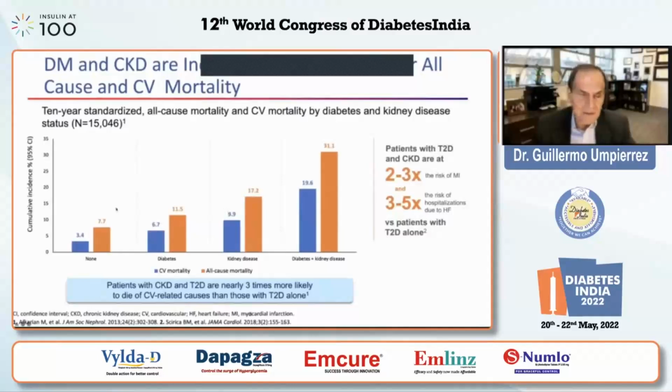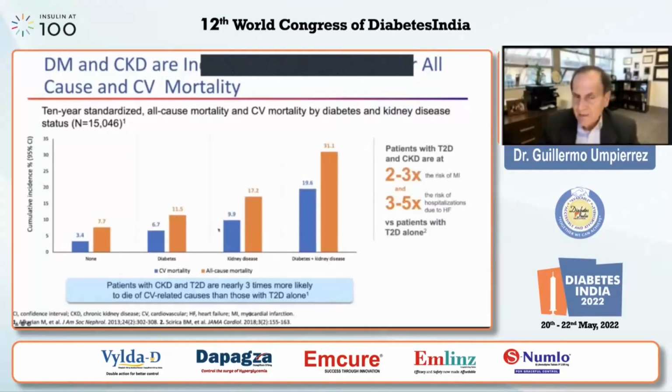So if you have no nephropathy, in blue is mortality, in orange is all-cause mortality. Both diabetes and chronic kidney disease are independent risk factors for mortality. This is just diabetes here to the left. Cardiovascular mortality is the number one cause of death in patients with diabetes, and of course all-cause mortality goes up.